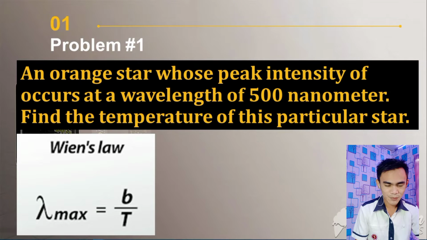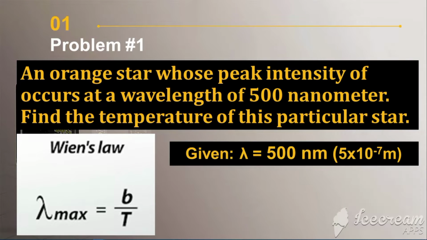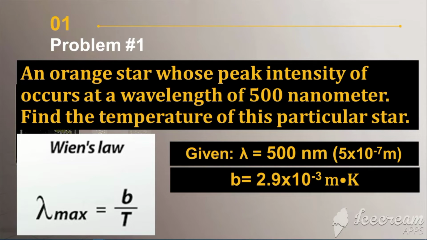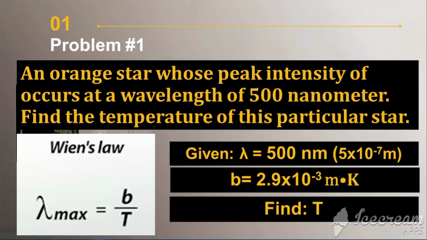On this problem, use the Wien's law equation: the maximum wavelength is equal to b divided by T. As we all know, b is a given constant, 2.9 times 10 raised to the power of negative 3, and the wavelength of 500 nanometers is equal to 5 times 10 raised to the power of negative 7 meters. And our task here is to find the temperature of that particular star.